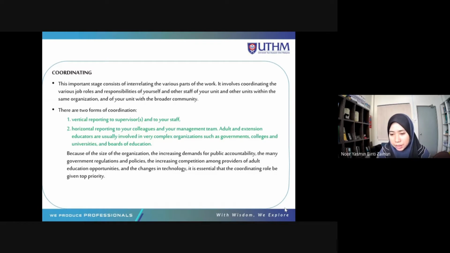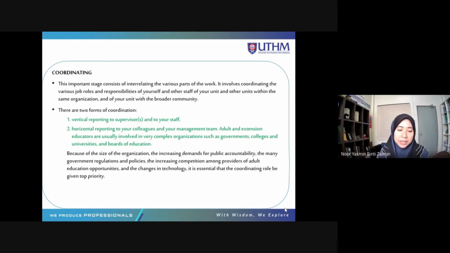So in universities, we do not actually directly report to the dean. Because we have another head of department, and after head of department we have TDAA, Timbalan Dekan Akademik, TDHEPA, Timbalan Dekan Hal Ehwal Pelajar, Timbalan Dekan Penyelidikan. Okay, and then after that we have the dean.